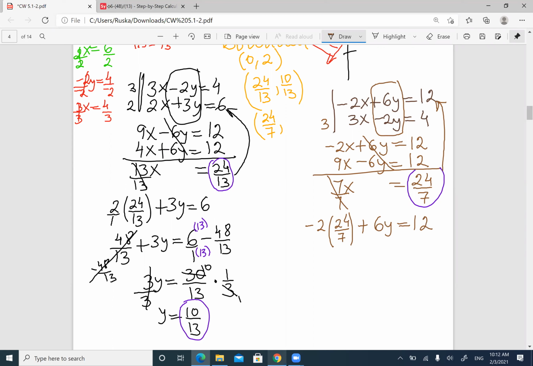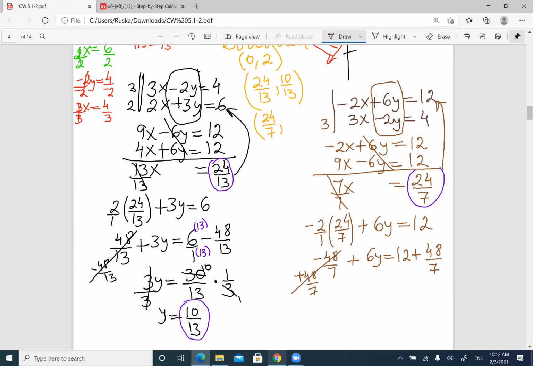So this is over 1. I'm going to multiply. So that gives me negative 48 over 7 plus 6y equals 12. And in order to move 48 over 7, I'm going to add 48 over 7.